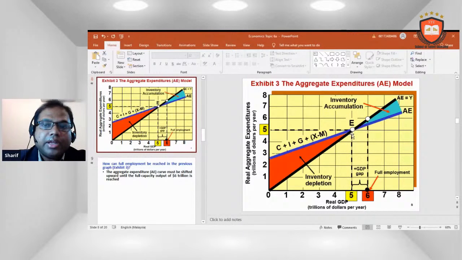This is E, and full employment is at 6 trillion. So that is the GDP gap in the aggregate expenditure model.